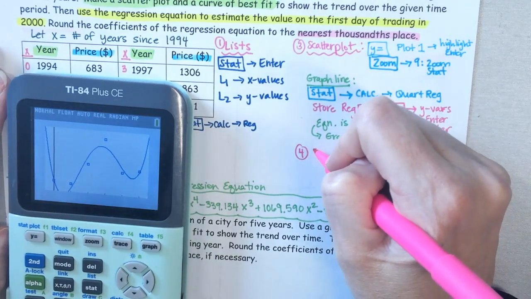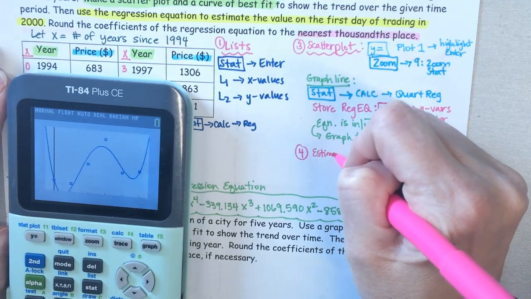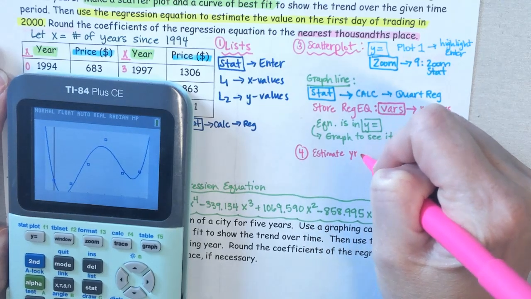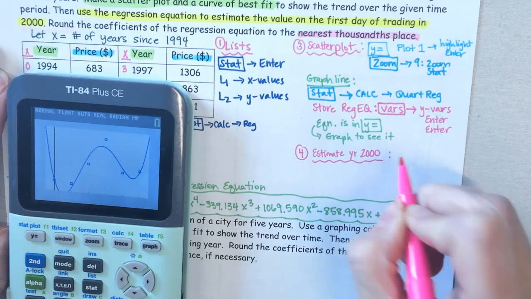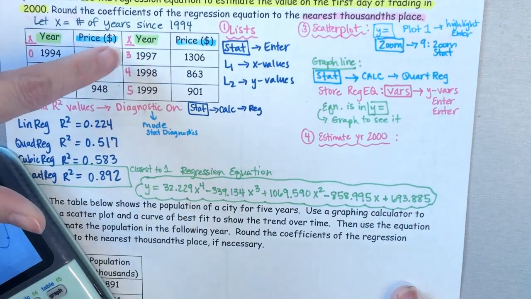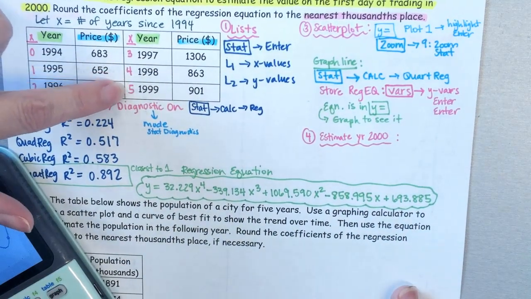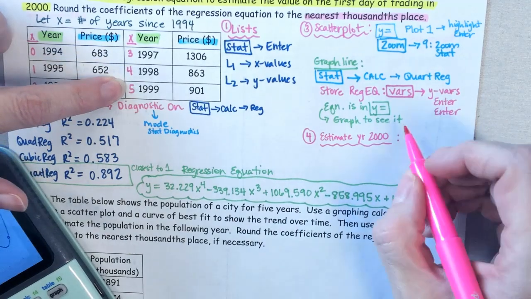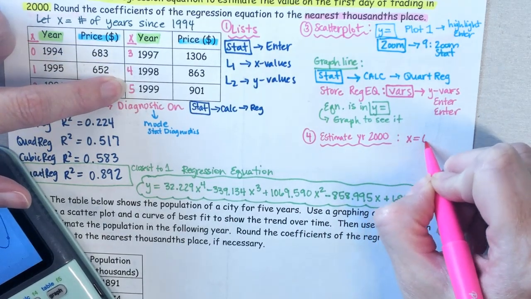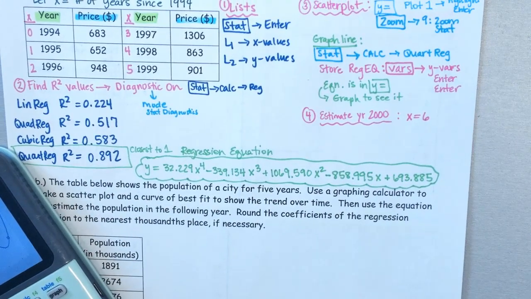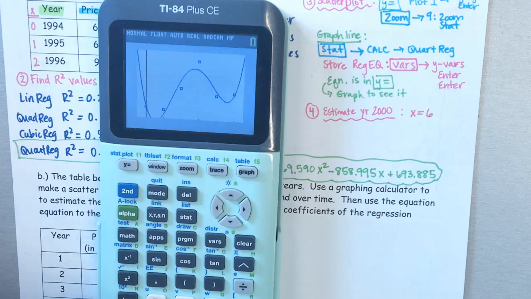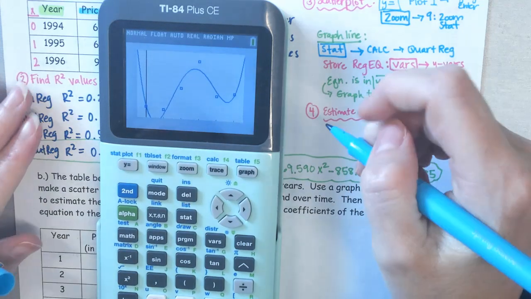Okay, so when you're estimating in the year 2000, you're going to have to find what your x value should be. So let's look at how we labeled these. So if 1999, the x value is 5, in the year 2000, the x value is going to be 6. So the fastest way to do this and the most accurate way to do this is going to be to use your table.